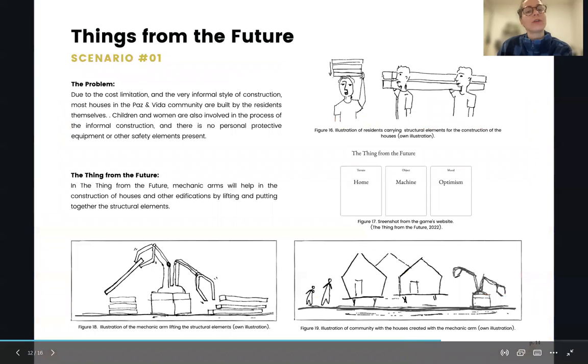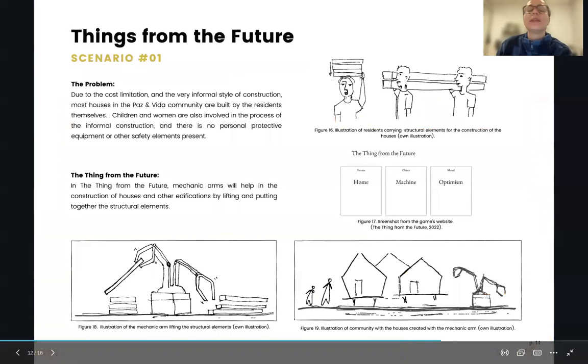So for the futures, I have been working here with 3 different scenarios, and this one is a scenario that I called home, machine, and optimism. So I have imagined a mechanic arm that would help the residents of the community to build their house.